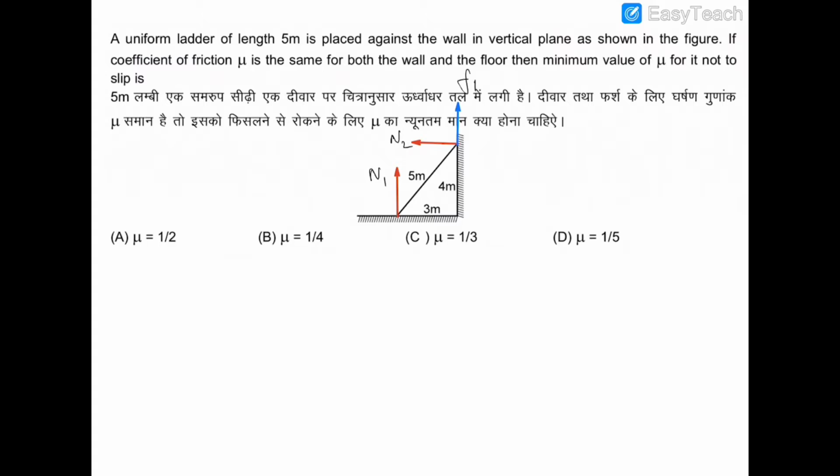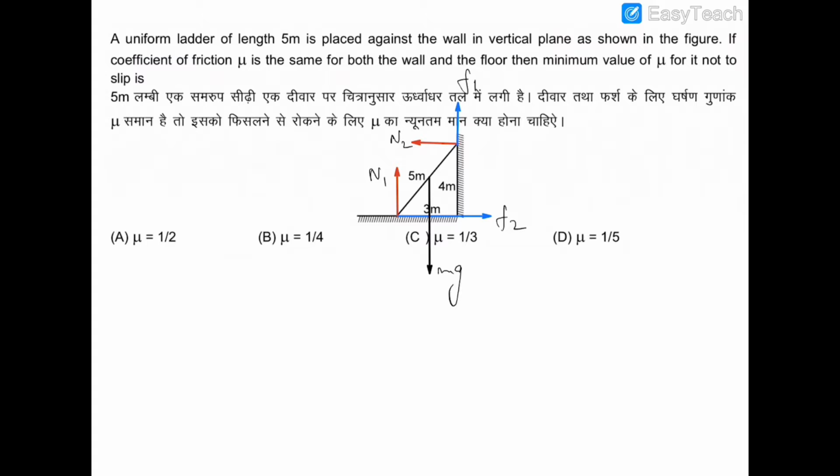So it is F1, and the friction acting on the rod due to this floor would be towards this side, towards right hand side. So this is F2. And the mg acting on the rod would be in the downward direction, acting from the center.